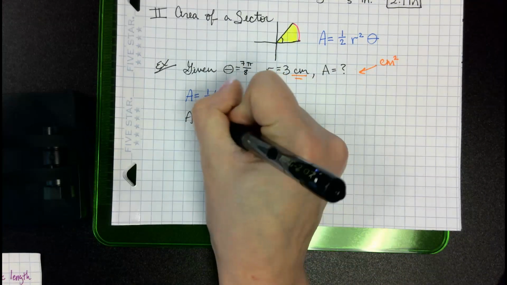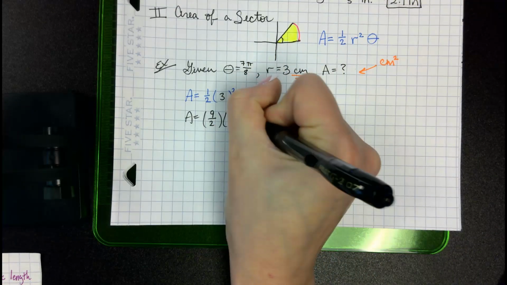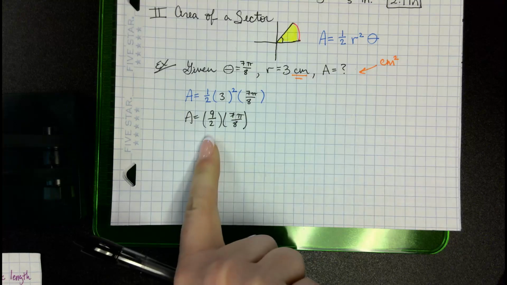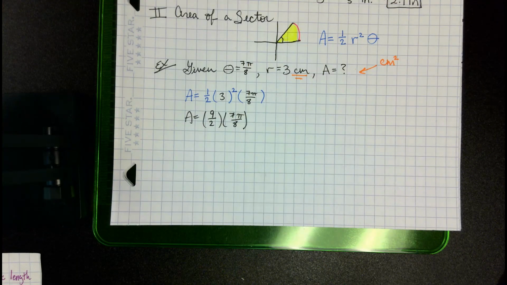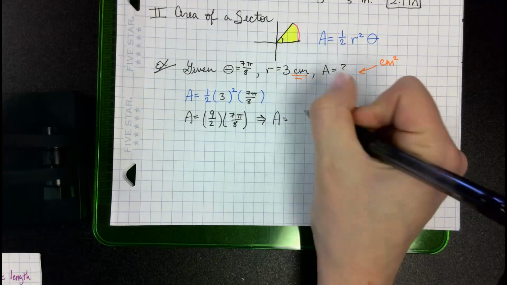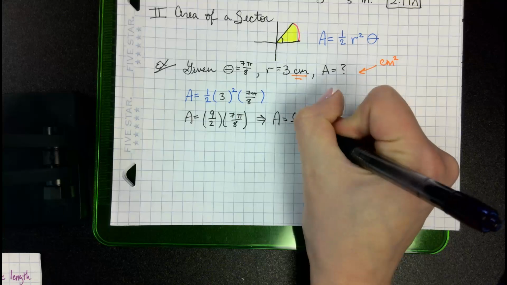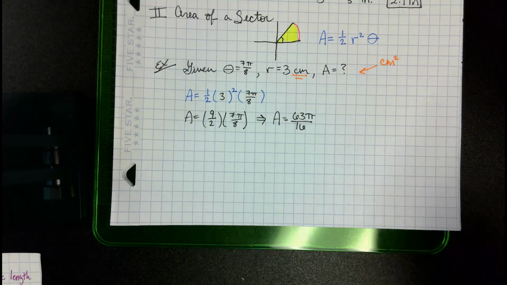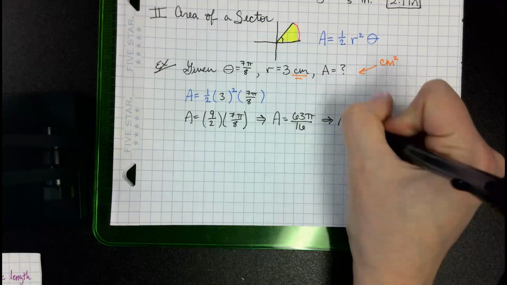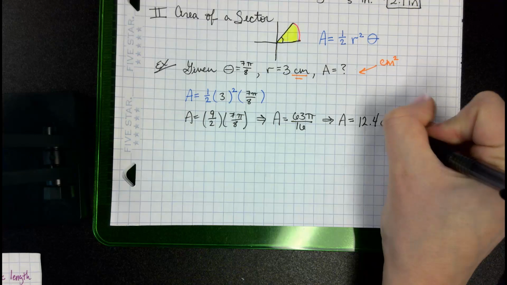So I can say 9 over 2 times 7 pi over 8. And I don't see any values that can simplify, so I could turn this into area equals 63 pi over 16. And then I could put that in the calculator. So the area equals 12.4 centimeters squared.